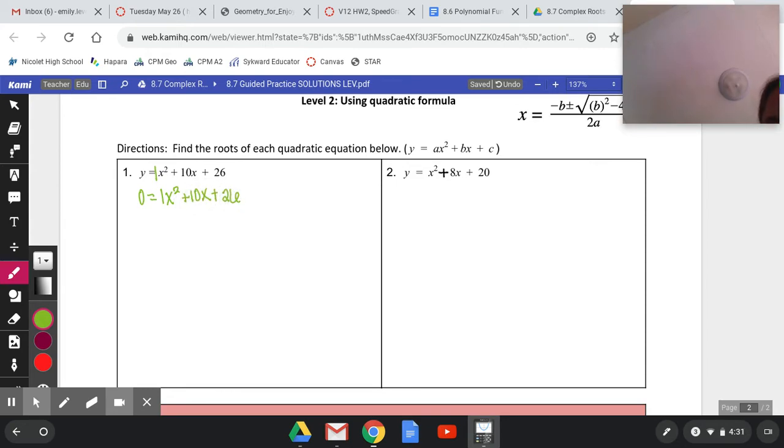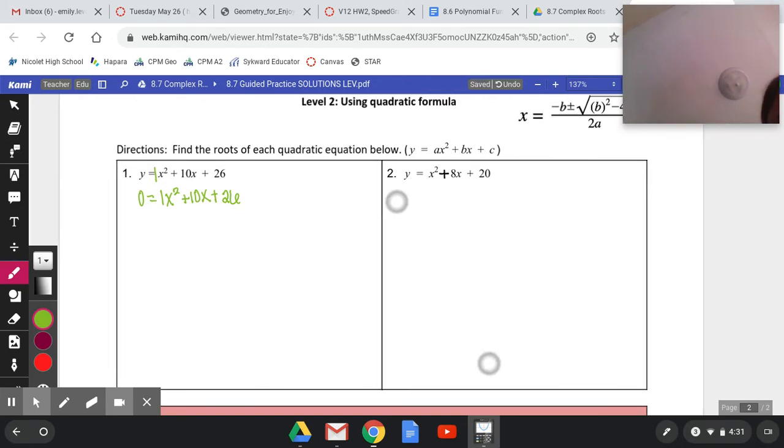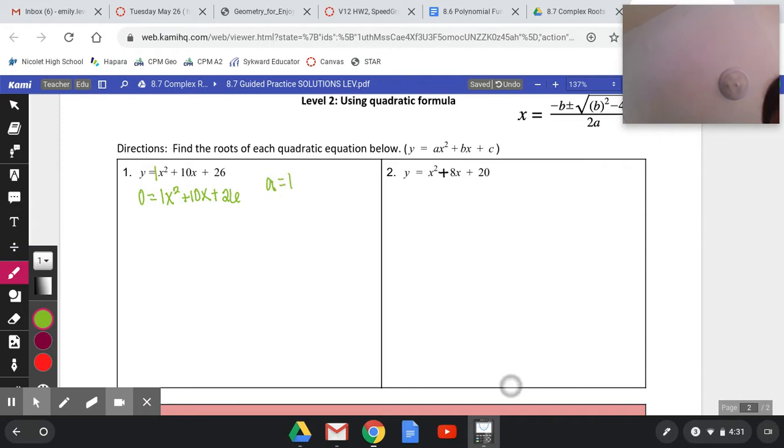Then using the quadratic formula, I have to identify my a, b, and c values. So a is equal to 1, b is equal to 10, and c is equal to 26. Now I'm going to substitute those into the quadratic formula.